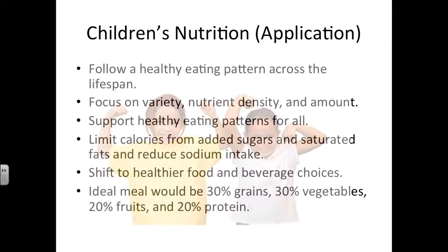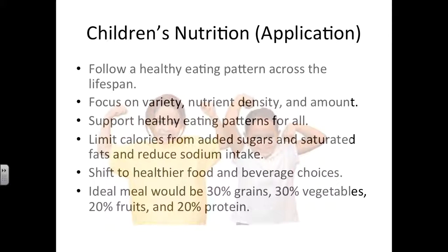Now we are on to children, which is continuing on with our application aspect of the presentation. How can we eat healthy? For children, it is recommended to follow a healthy eating pattern across the lifespan, which focuses on a variety of nutrient density and amount.